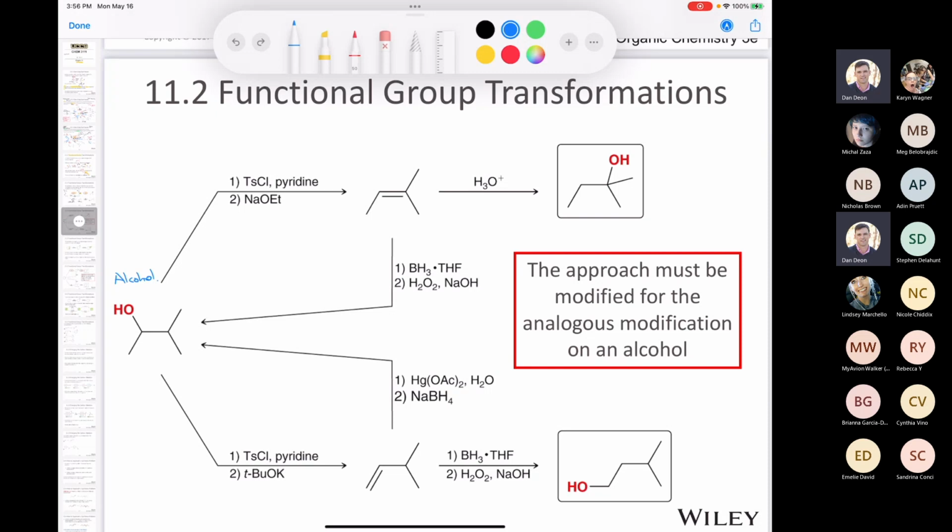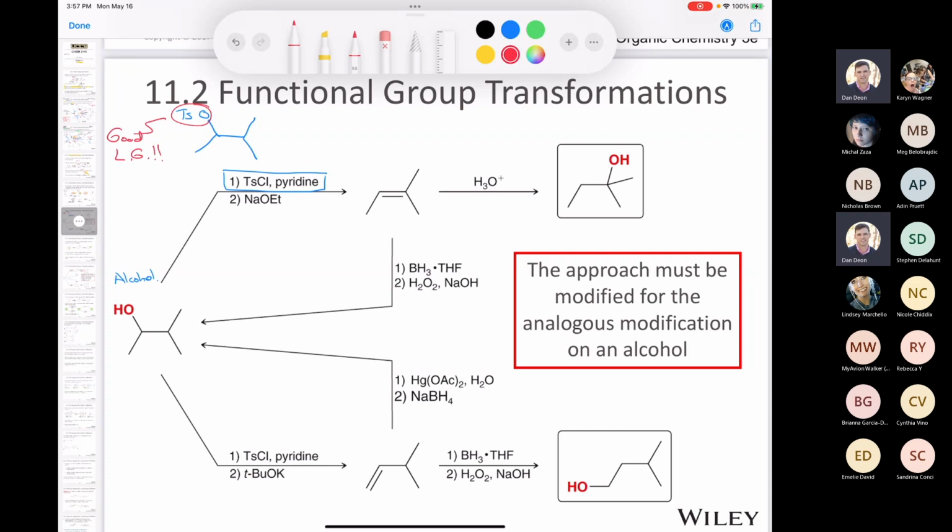How do we do that? Well, we convert it into a tosylate by treating it with tosyl chloride and pyridine. What it's going to look like then is we don't write OH, we write OTs. And this is a good leaving group. It's the conjugate base of toluenesulfonic acid, which is a very strong acid.